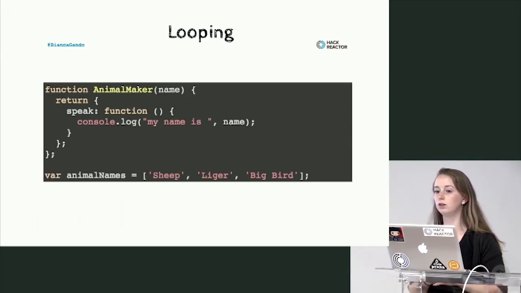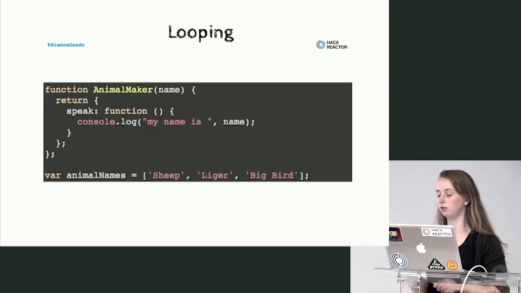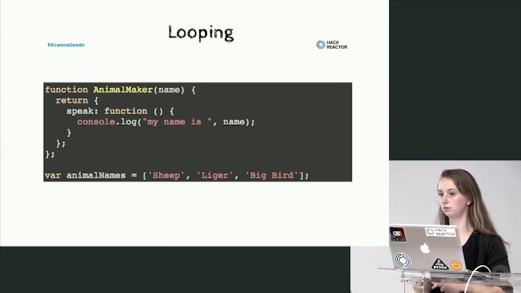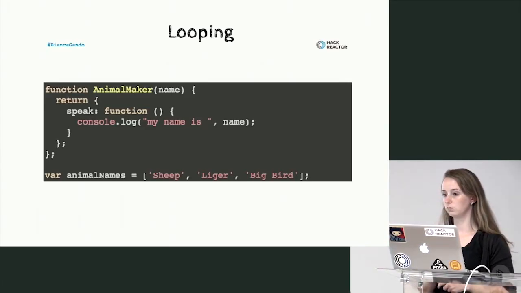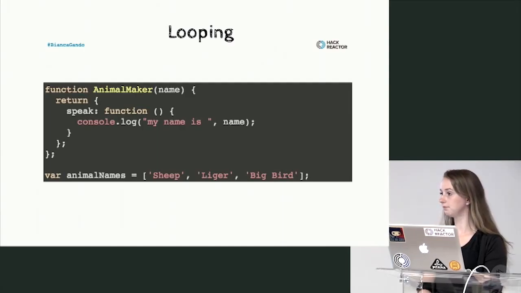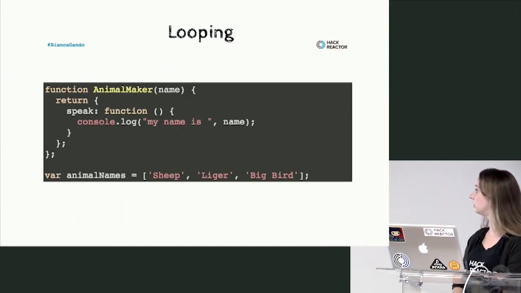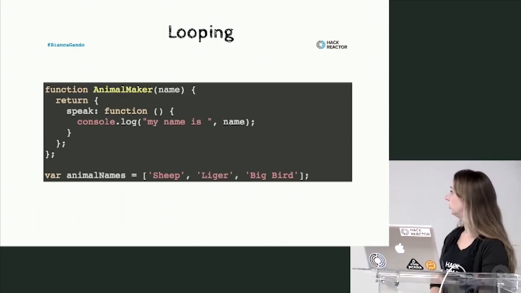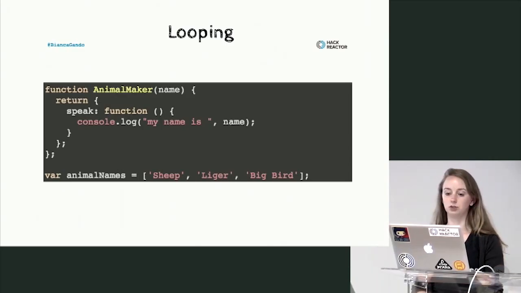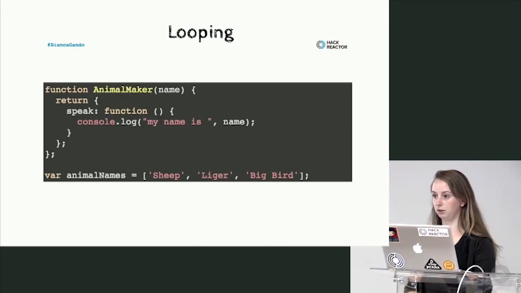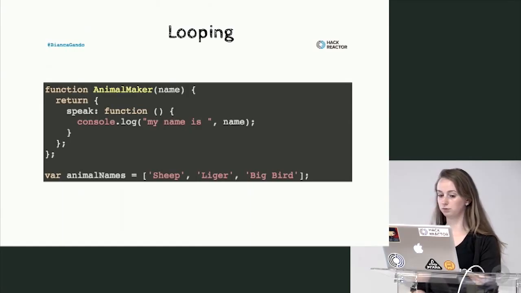And what properties does this object contain? Speak. Yeah, so speak. And it's a function that just console logs the name of the animal. True?